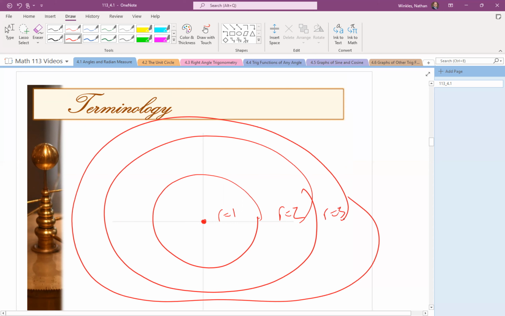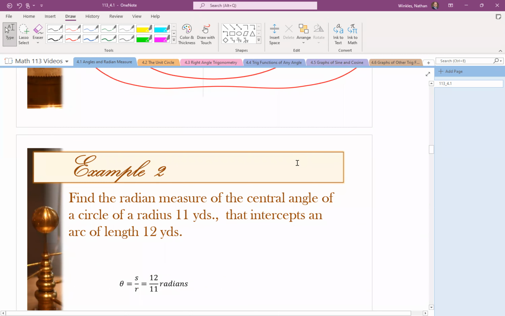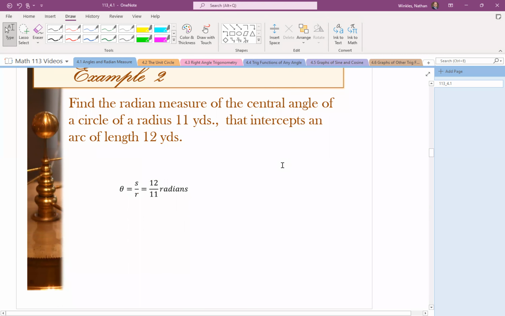I know these aren't quite looking like circles, but we will assume that they are. We can sweep this entire thing in terms of starting and stopping at each point. We're going to disregard that this is here right now.